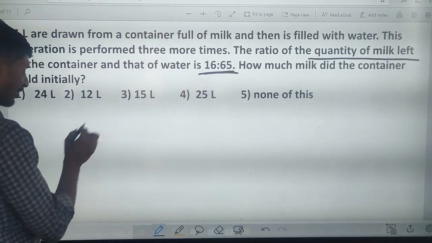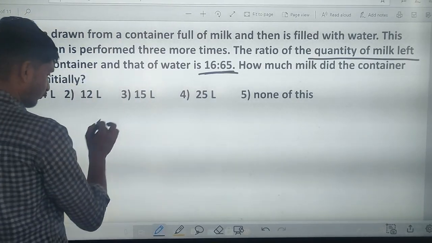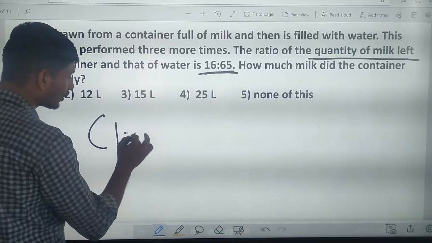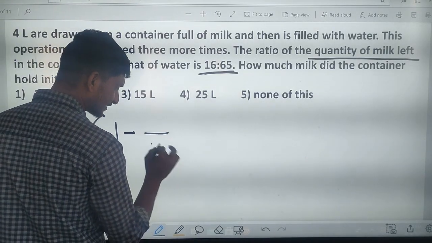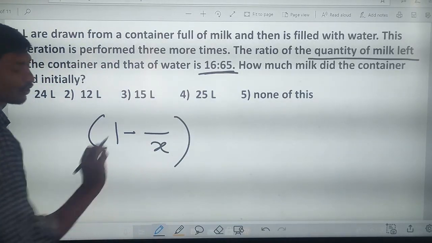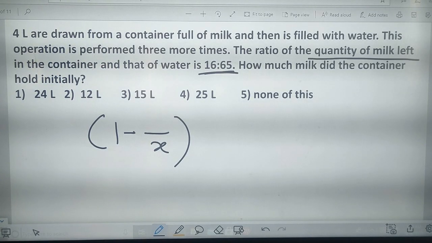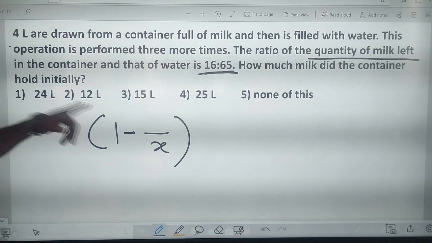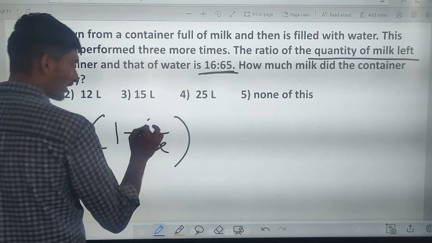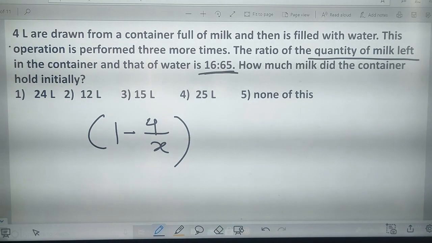Okay. Now we solve it. First, 1 minus... total quantity of milk is x. Out of x liters we drew 4 liters and replaced it by water.